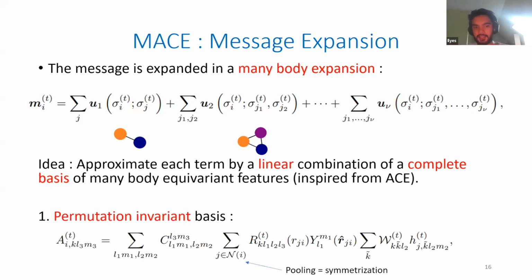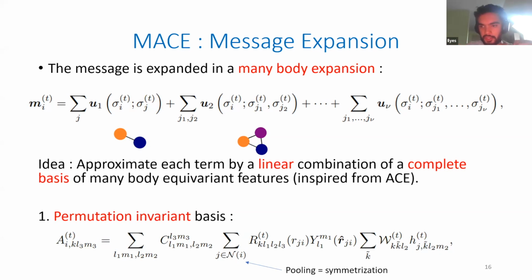And the way this is done is first by constructing a permutation invariant basis. So it's a basis of all 2-body permutation invariant features, and these are constructed the usual way. It's very familiar if you're familiar with ML potentials: it's just a product of the radial features and the spherical harmonics.